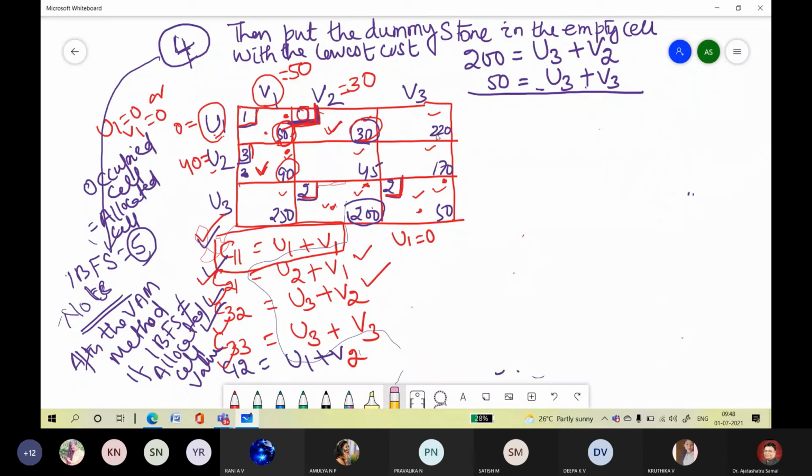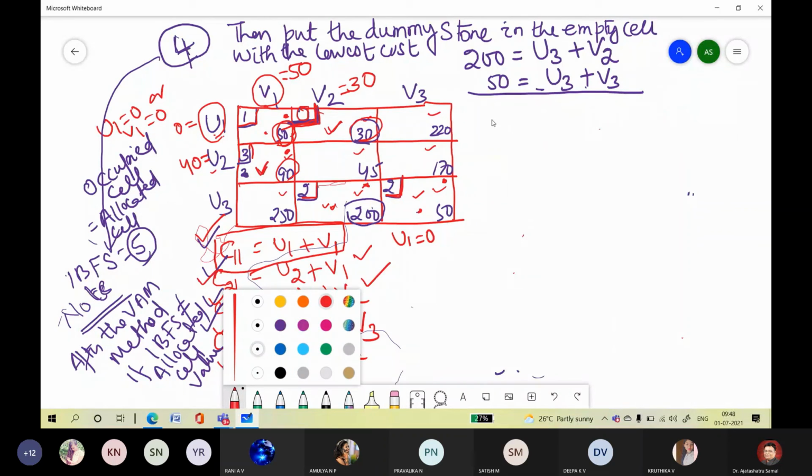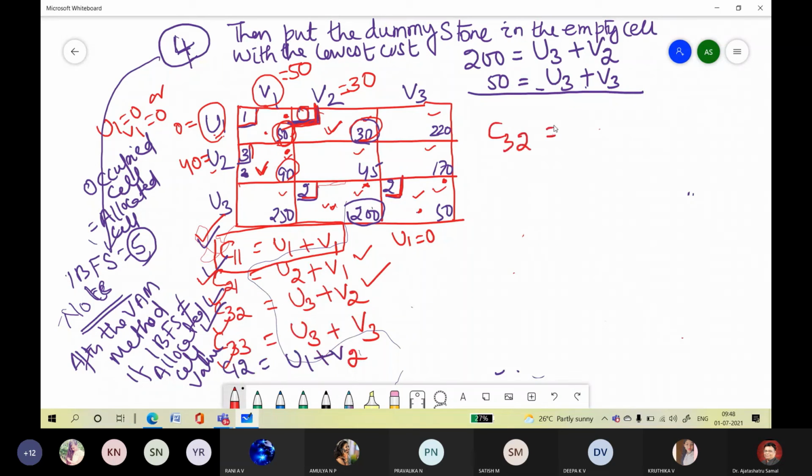So now the third equation, C32 equal to U3 plus V2. C32 is how much? Anybody?